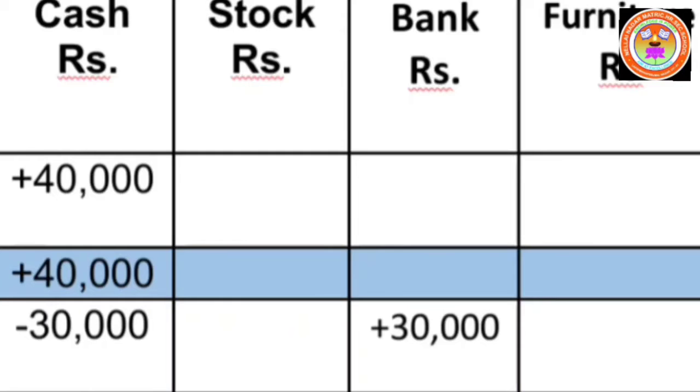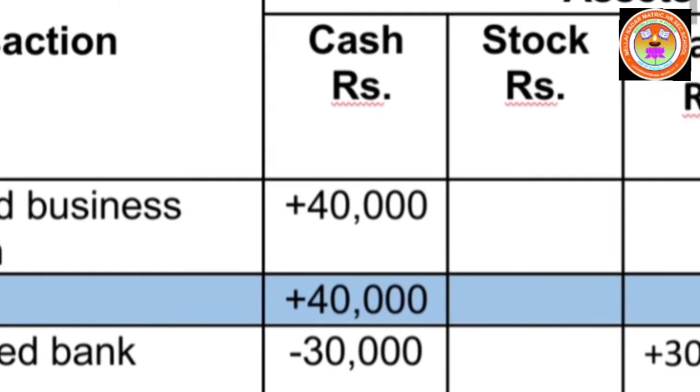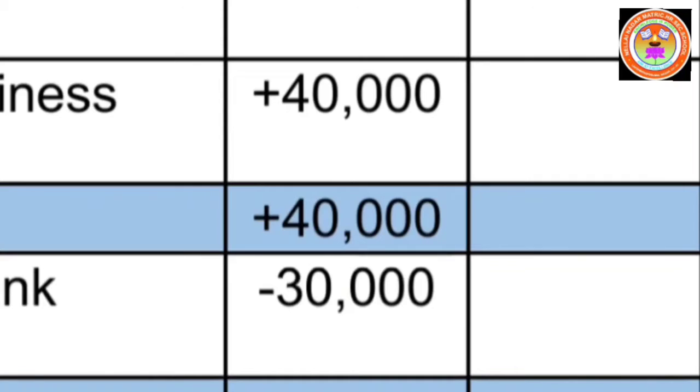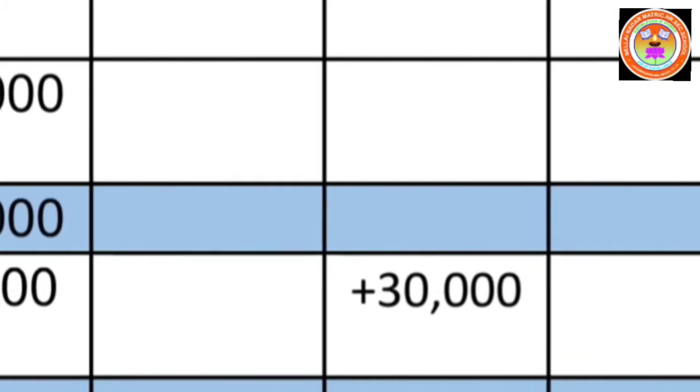So under the bank column you should write plus 30,000, but from cash you should subtract 30,000. Out of 40,000 he deposits 30,000 into bank. So he takes the money, it goes out. So put minus 30,000 from cash balance, plus 30,000 under the bank column.